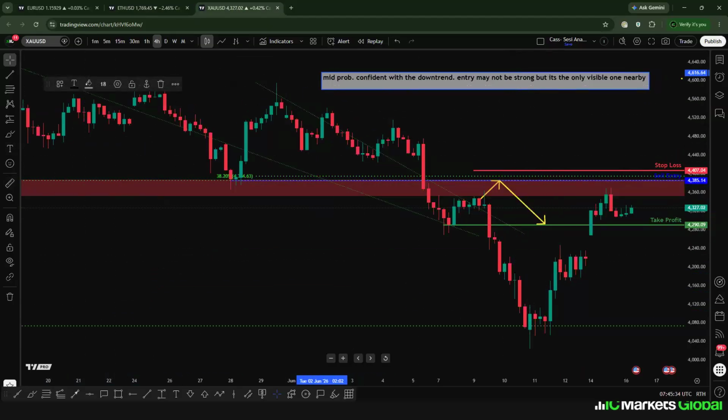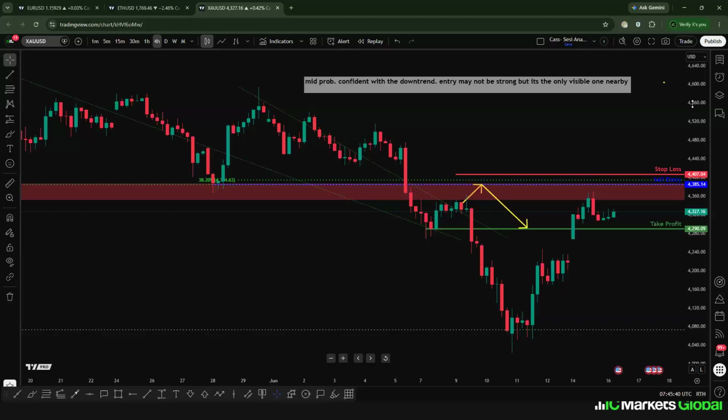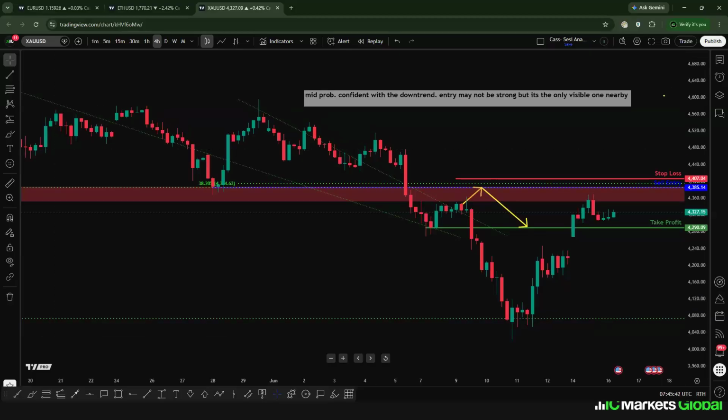Give me a sec. I don't know why this is not loading. Can you guys let me know in the chat box if you can see my screen? I should be on XAUUSD right now. Let me know in the chat box because on Zoom it looks like it's not streaming.